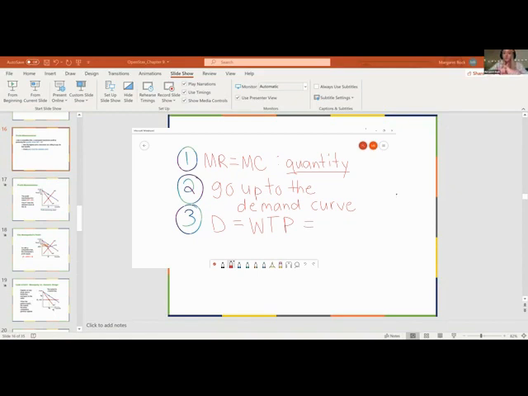So, the intersection point gives you the quantity. The maximum willingness to pay can be found straight up on the demand curve. Once you reach the demand curve, you found the price that the monopolist is going to charge for this certain quantity.